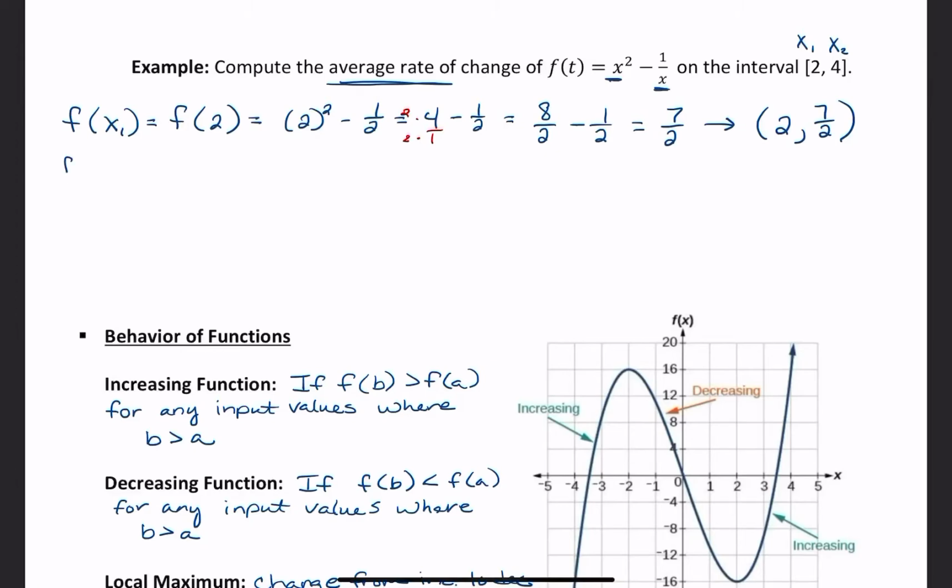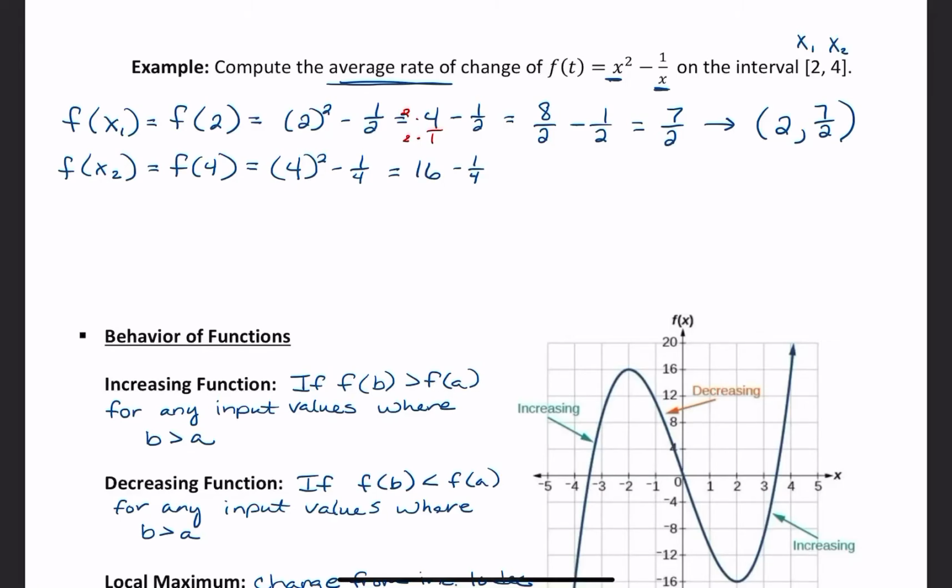And then the next one, f of x2, because I still need my other point, I'm going to plug in 4 for x into my original equation. So I've got 4 squared minus 1 over 4. It's going to give me 16 minus 1/4.